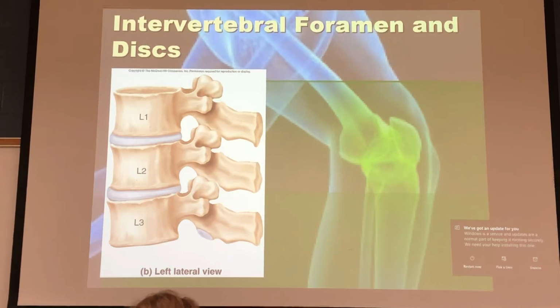They probably are wearing and tearing this little pad right here called the intervertebral disc. Right now in you guys, it's present, it's plump, and it does a good job of providing a shock absorber and allows for mobility.